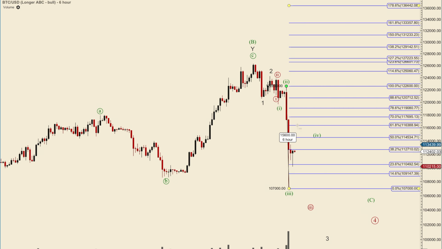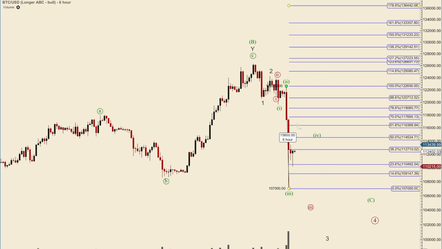Other than that, we are looking for more downside, but since this is counted as A, B, C, it's a correction. And if it's a correction, it is correcting something, and then we are looking for higher prices, as we have discussed in earlier videos. So this is a corrective structure, not an impulsive. So it's not the beginning of the bear market.